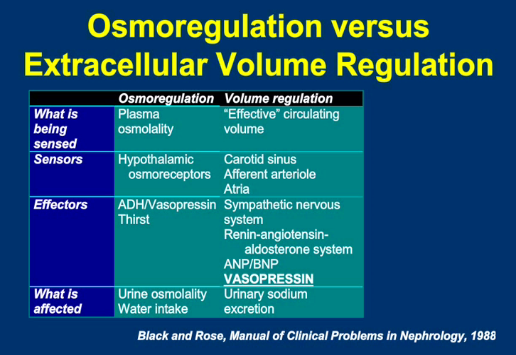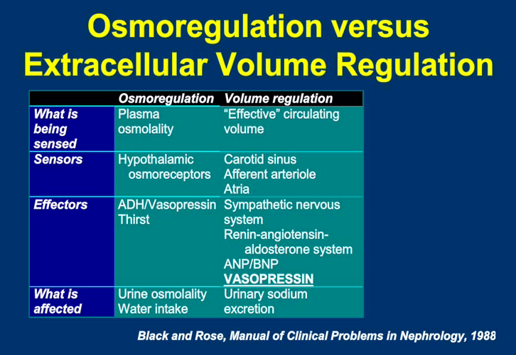But of course, the key thing is that vasopressin also plays a role in regulating volume regulation and perfusion. And this is where we get into trouble, because disorders of effective circulating volume will have an increase in vasopressin that causes a retention of free water and leads to hyponatremia.